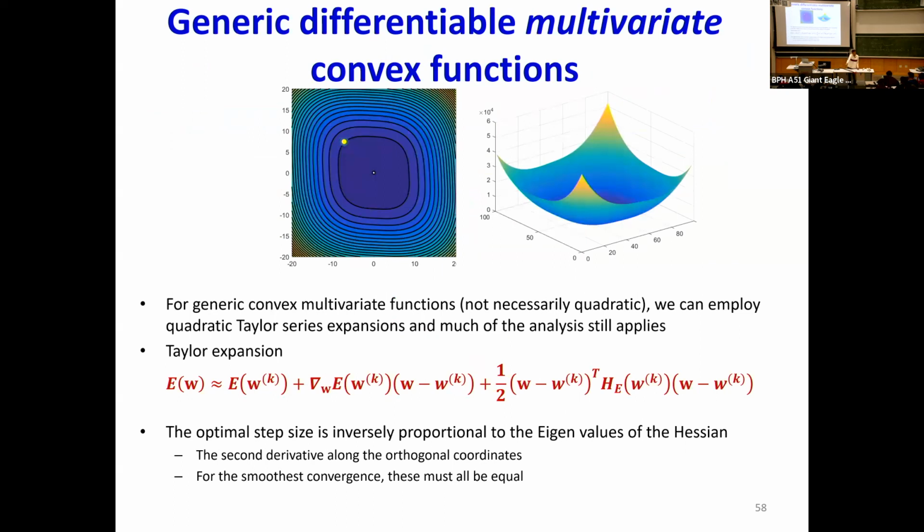Then you want to get to the minimum in a single step, right? And then at that point, you can create another bowl and keep repeating the process. But even here, you're going to have the same problem. The eccentricities along the different directions may be very different. And so what is the optimal step size in one direction can be completely off for the other. It can make it diverge for the other, or it can make it extremely slow in the other direction.